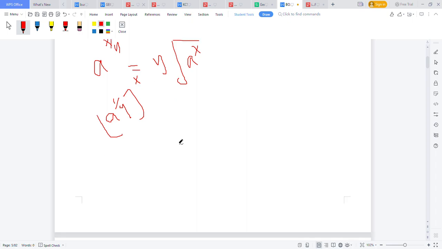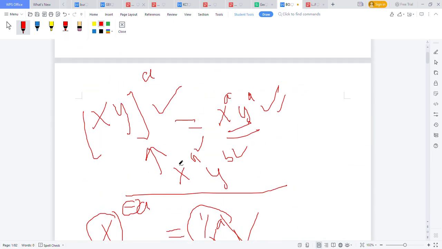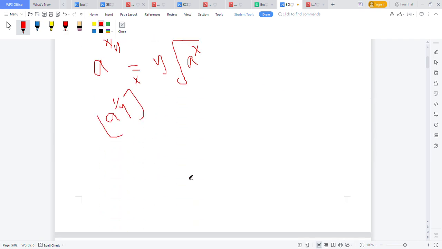Remember, any number raised to 1 over any number is the same as the nth root of that number. So let's first deal with this one here.